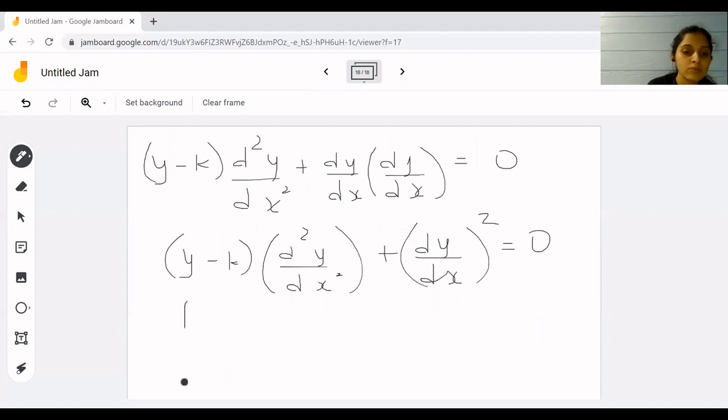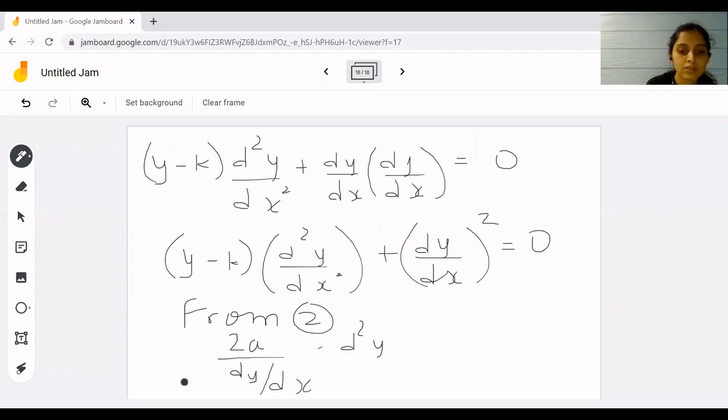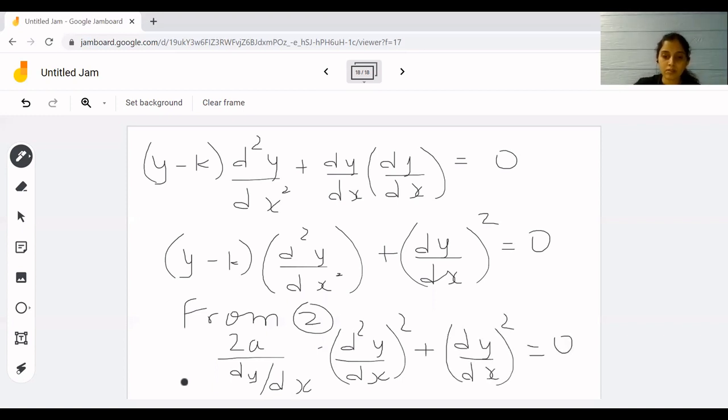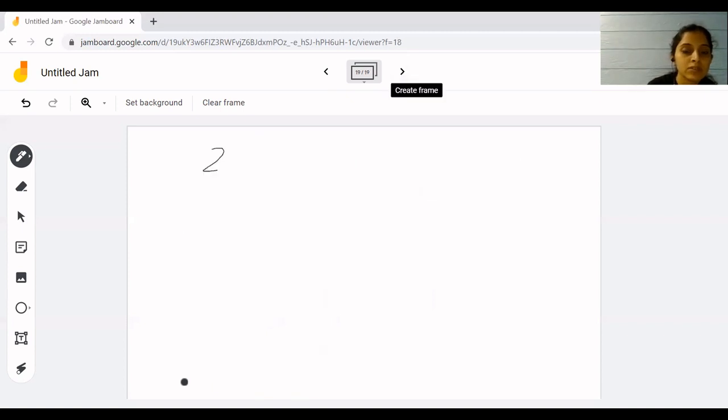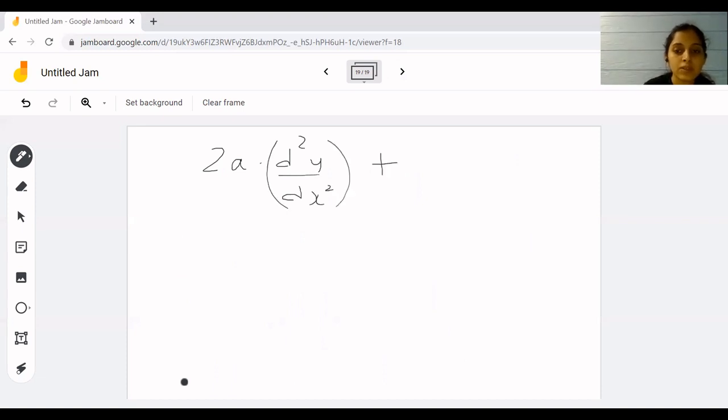Substituting, we get 2a upon dy by dx into d2y by dx square plus (dy by dx) the whole square equal to 0. Taking the LCM, you get dy by dx the whole cube as well. So your final equation is 2a into d2y by dx square plus (dy by dx) the whole cube equal to 0. This is your final differential equation.